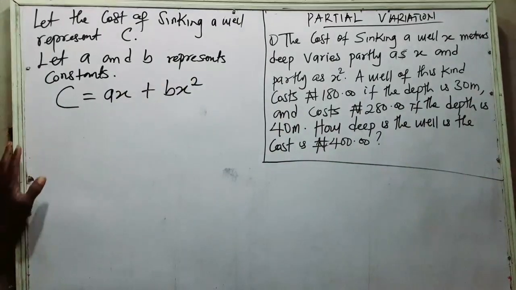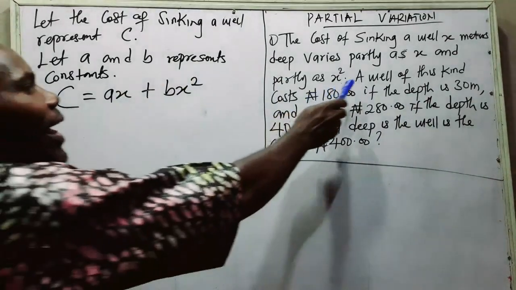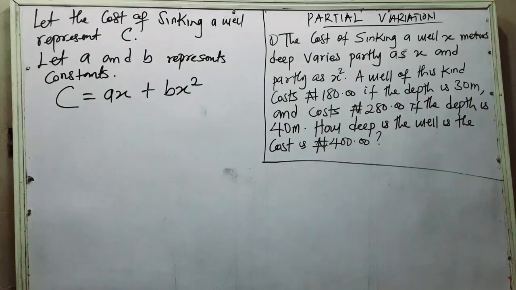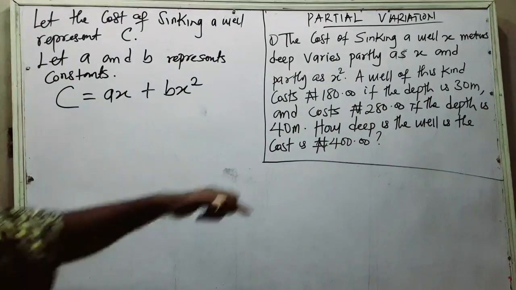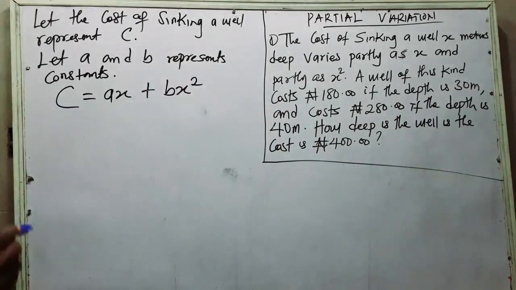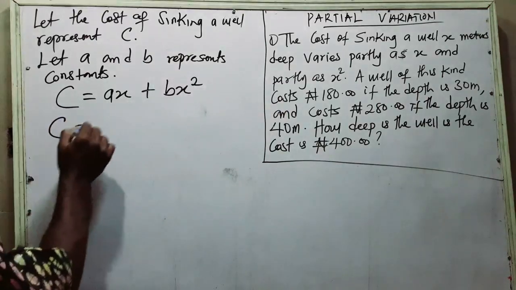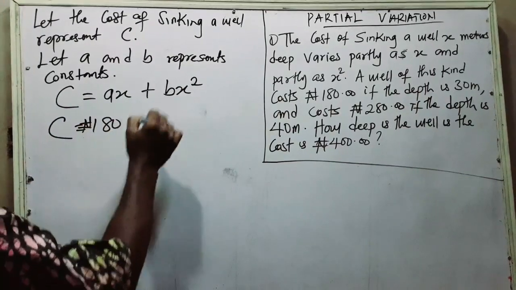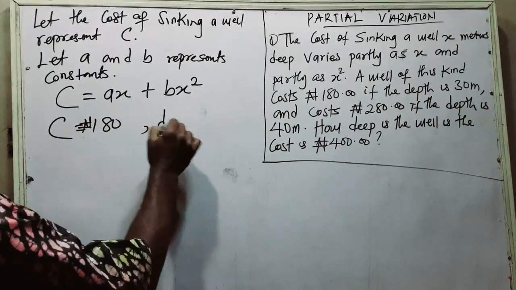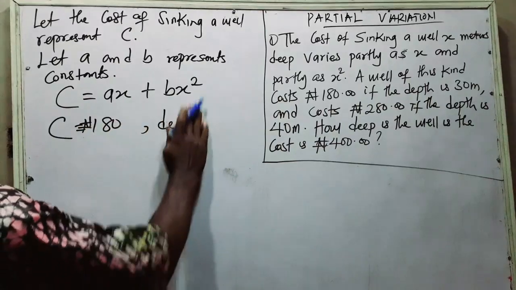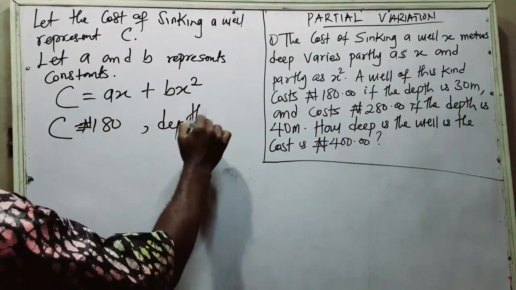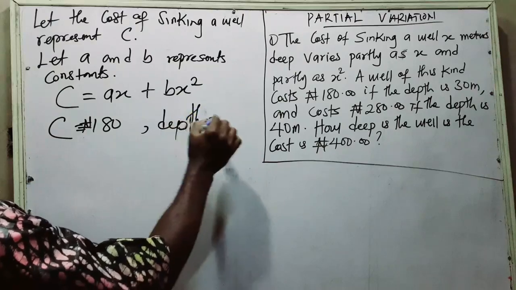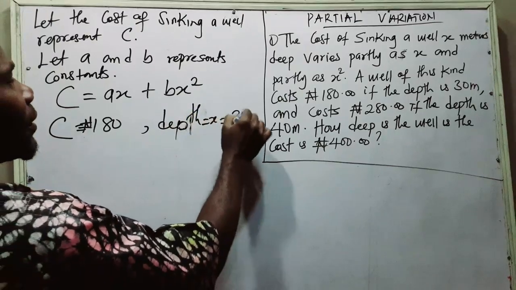The question continues: a well of this kind costs 180 naira if the depth is 30 meters. This tells us that the cost is 180 naira and the depth x is equal to 30 meters.